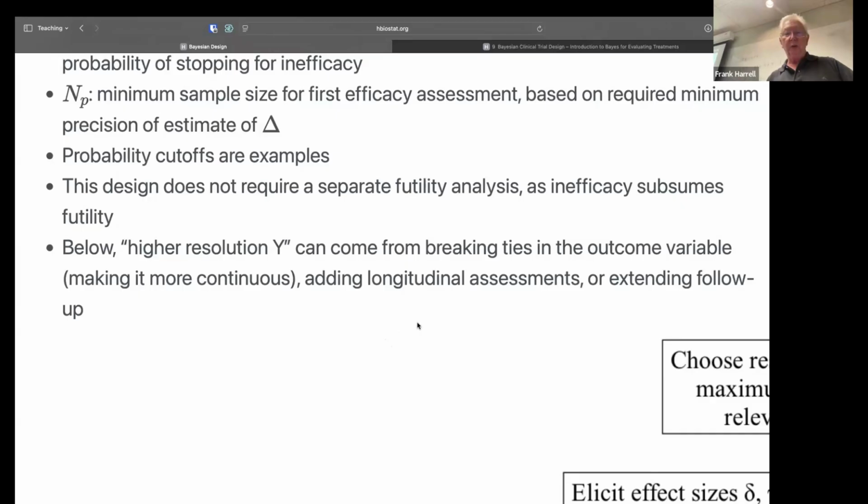And so getting to Lori's question, we're going to be talking about the resolution of the dependent variable, and you can make that resolution higher by breaking ties, or measuring it as a longitudinal repeated measures outcome, or extending the length of the follow-up. Those are the three ways we get higher resolution outcome measures.